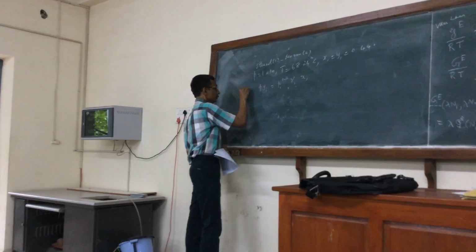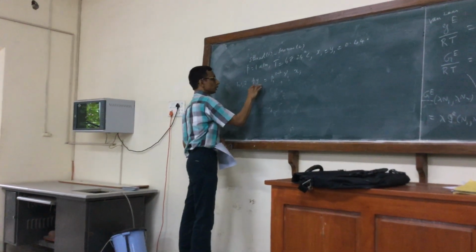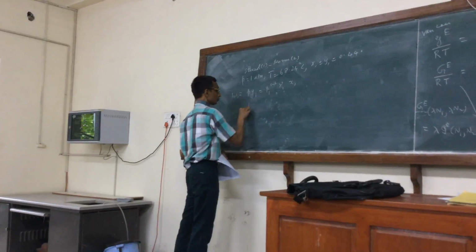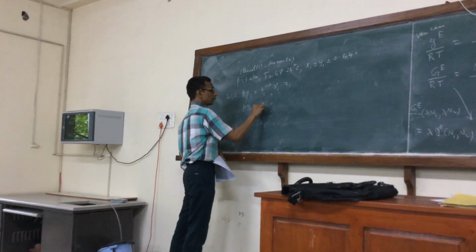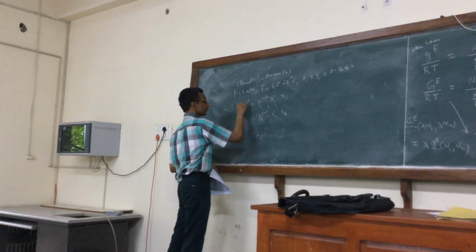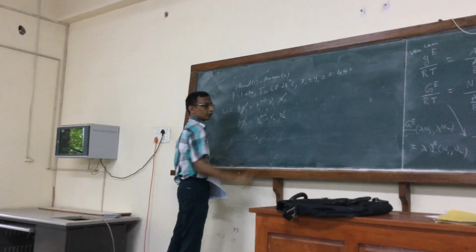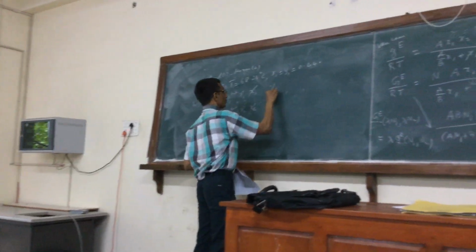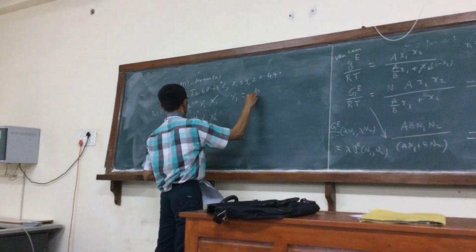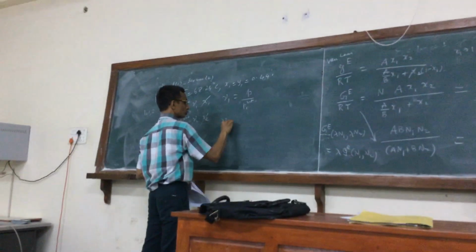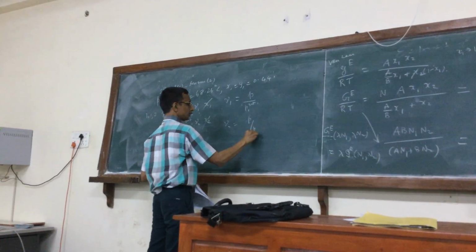Here I have only two components. So Py1 is P1 sat gamma 1 x1, and Py2 is P2 sat gamma 2 x2. At the azeotrope y1 equals x1 and y2 equals x2. And so I get gamma 1 is equal to P by P1 sat, gamma 2 is equal to P by P2 sat.